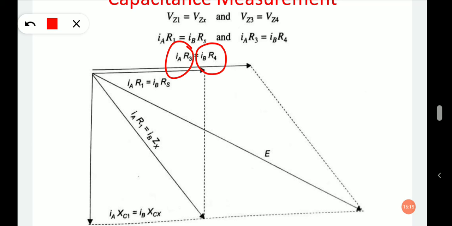The case would not be the same with impedances Z1 and Zx since they comprise both resistance and capacitance. The currents IA and IB through resistances R1 and Rs give equal voltage drops, IAR1 equals IBRS.